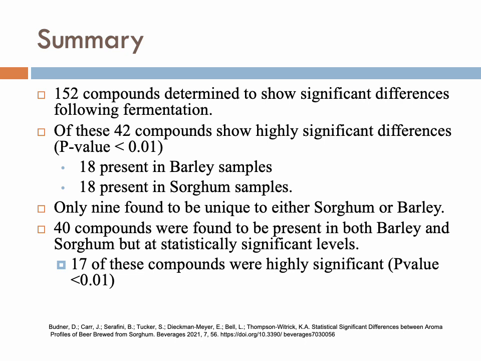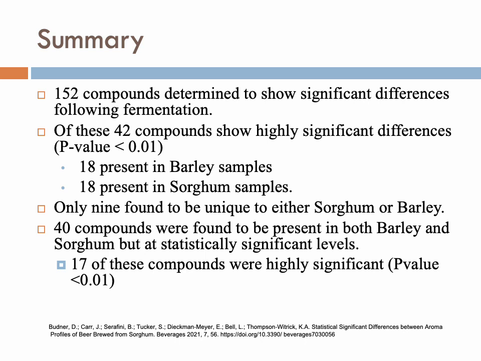Of those, 42 compounds were shown to be highly statistically different. 18 of them were present in barley samples, 18 in the sorghum. The one interesting thing we found is that if we compare the two, we only found 9 compounds that were unique to either sorghum or barley. The vast majority of those compounds were found in both.